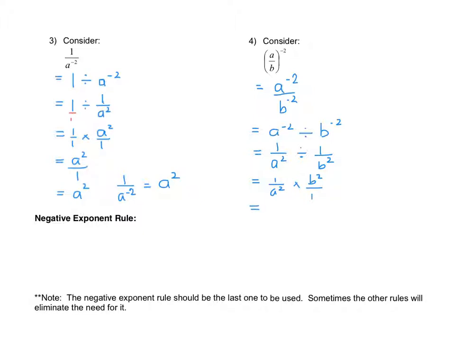A 1 times b squared on the top will be b squared, and a 1 times a squared on the bottom will be a squared. So in this case, it looks like a over b all to the negative 2 really becomes b squared over a squared, which is the same thing as b over a to the positive 2.